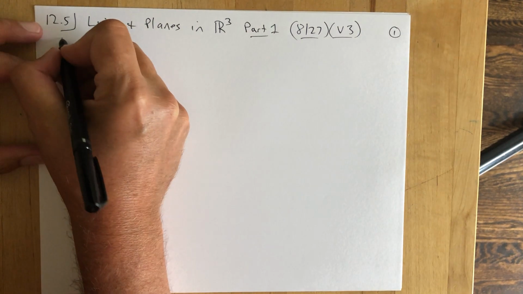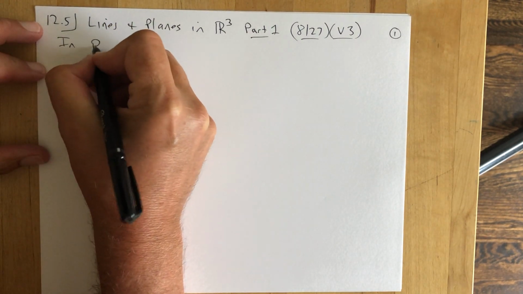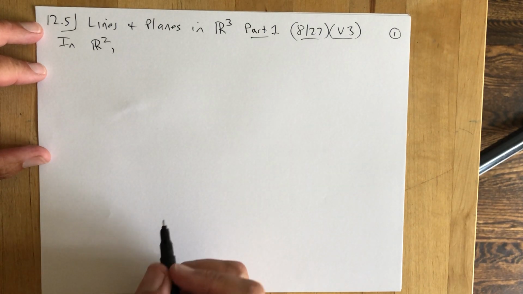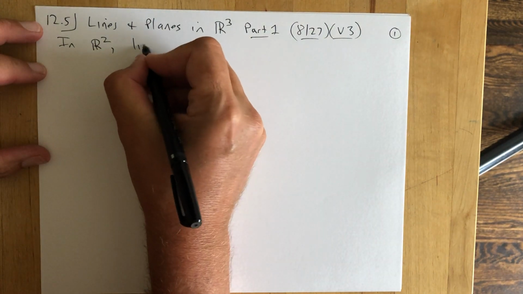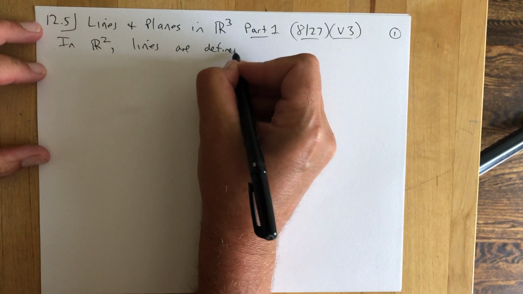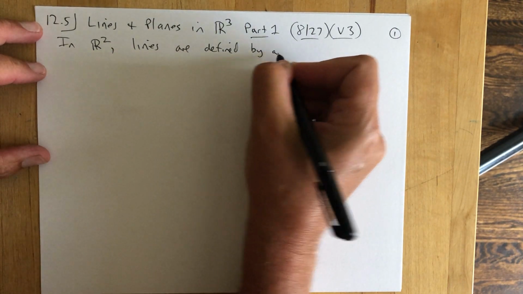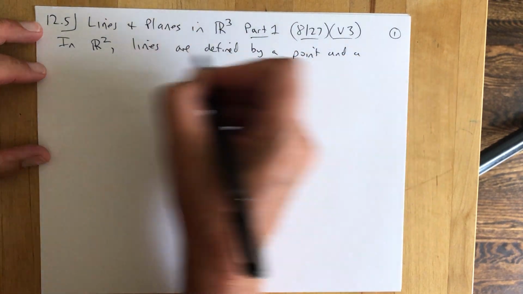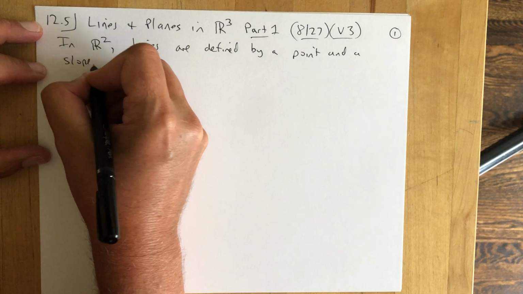All right, game. In R2, which is the Cartesian coordinate plane, lines are defined by a point and a given slope, right?